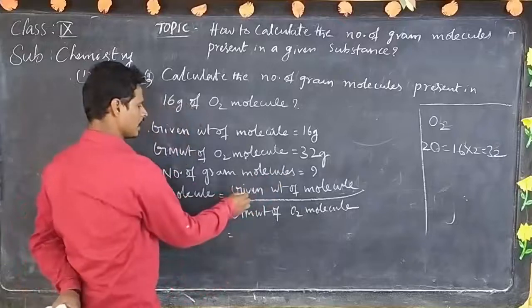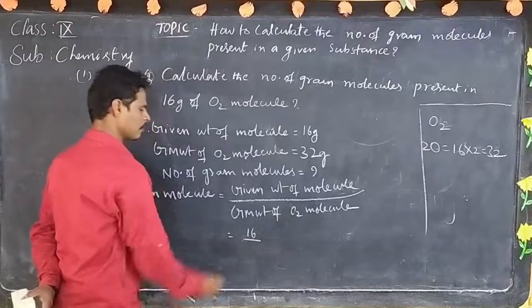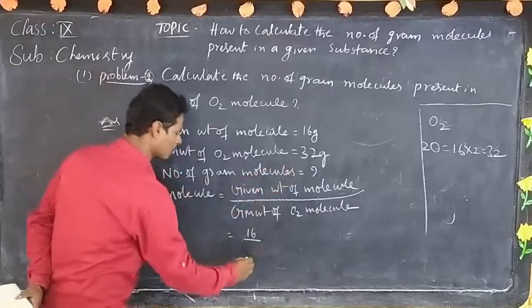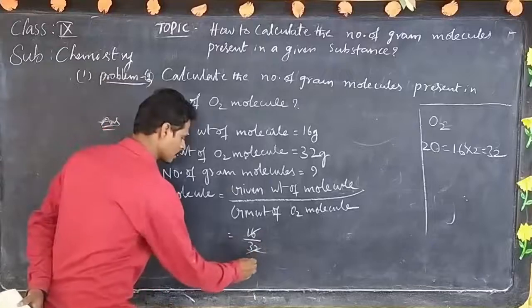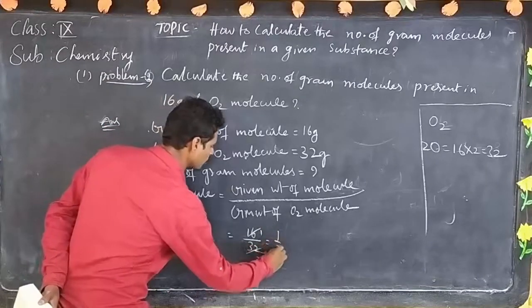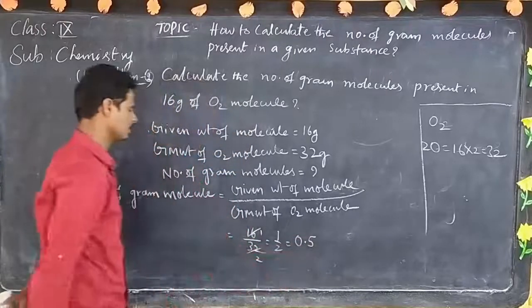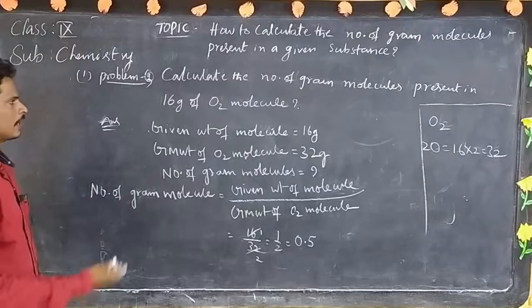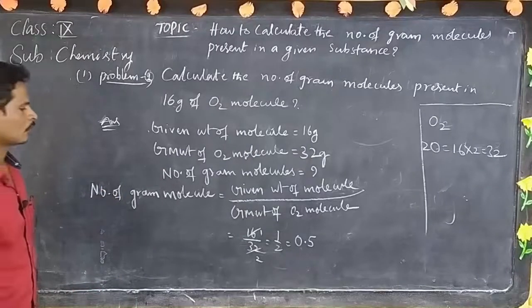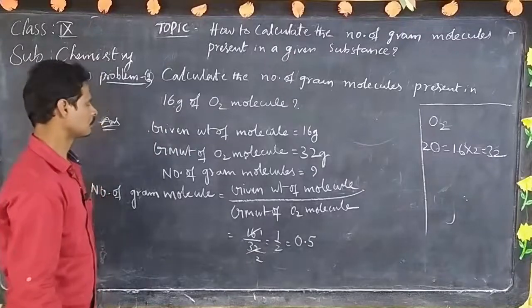Given weight of molecule 16 grams by gram molecular weight of O2 molecule 32. 16 ones are 16, 16 twos are 32, 1 by 2. 1 by 2 value equal to 0.5. So the number of gram molecules present in 16 grams of O2 molecule equal to 0.5.